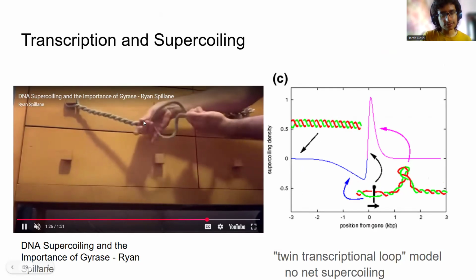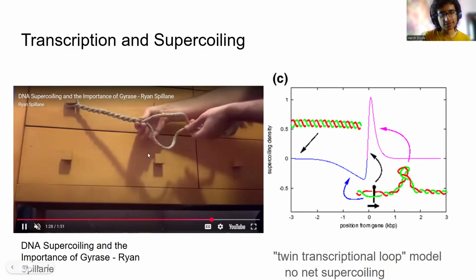So here, this hand unwinds the strands, and because of that, a bubble of unwound strands forms here, where the RNA polymerase can access the template and form an mRNA transcript. But if you look closely in this region, the extra windings that were lost here were transported here. So this region is actually now overwound.